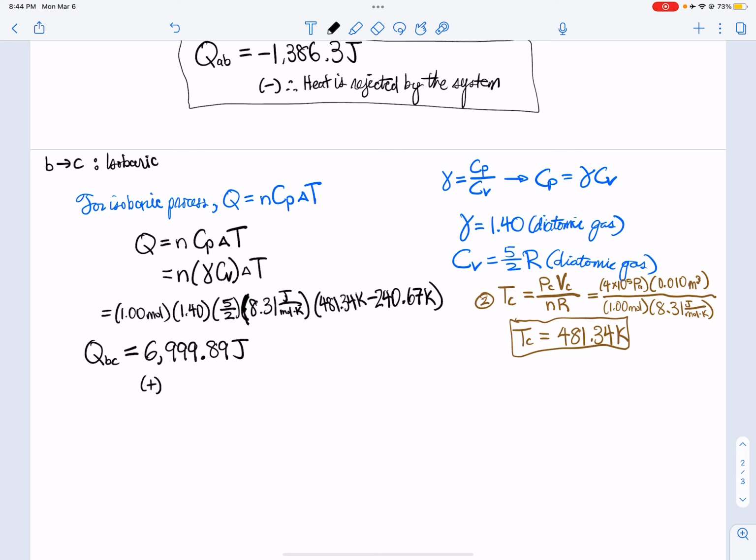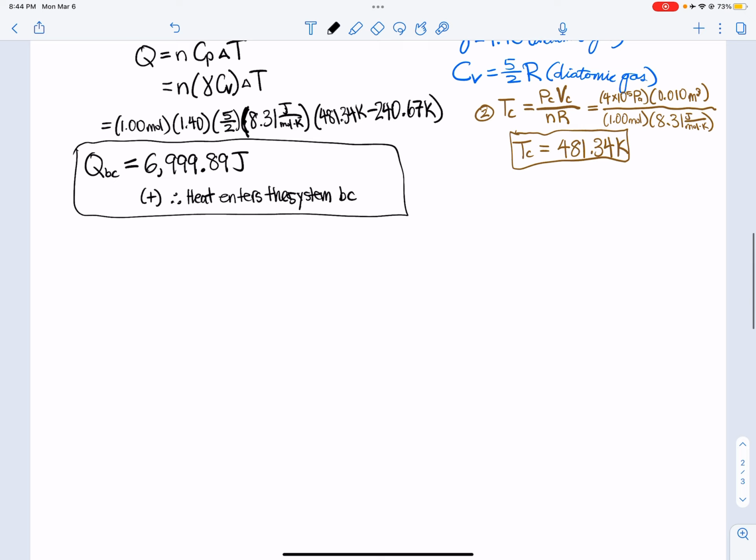And since the value of my heat transfer is positive, therefore heat enters the system. Heat enters the system at BC, process BC, okay?